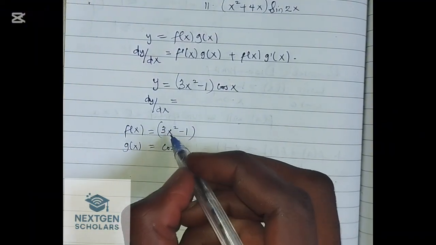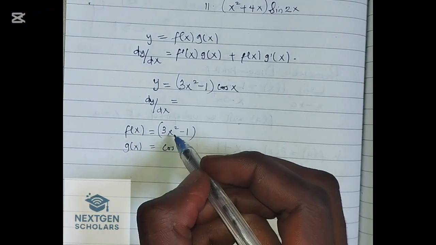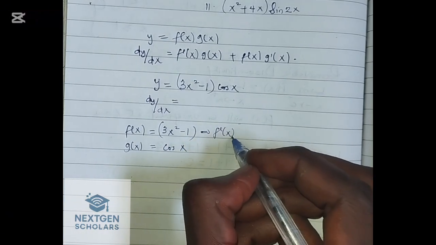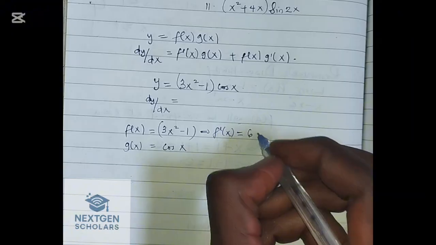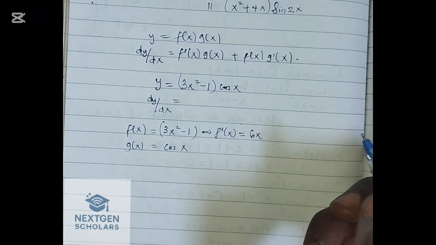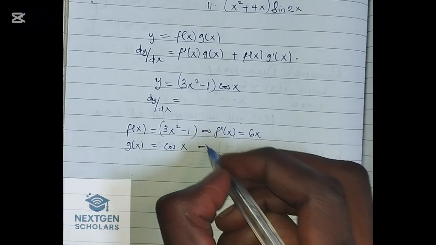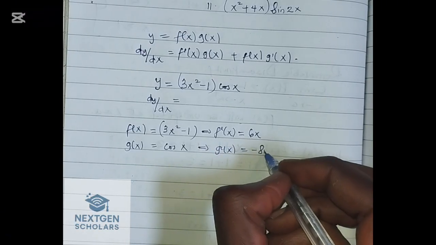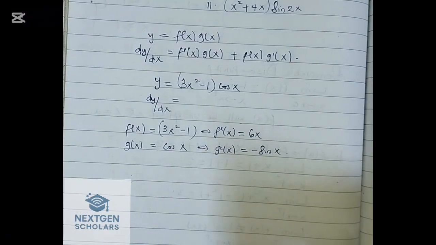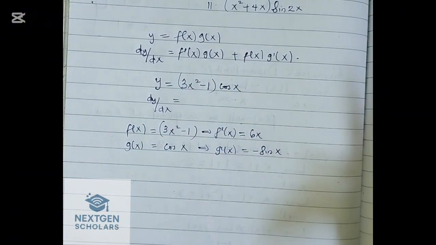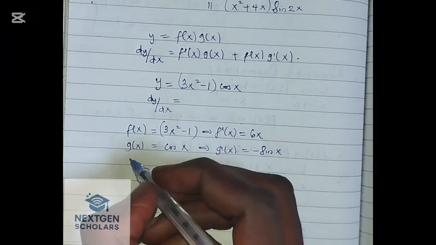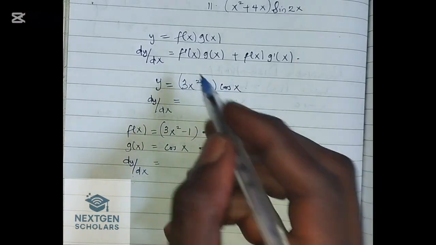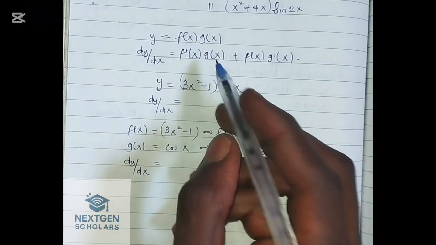So f of x gives us 3x squared minus 1. This will imply that f prime of x is equal to 6x by the power rule, right? And g prime of x will give us negative sine of x. So we can input this in our rule and see what we get. So dy/dx will be equal to f prime multiplied by g of x.